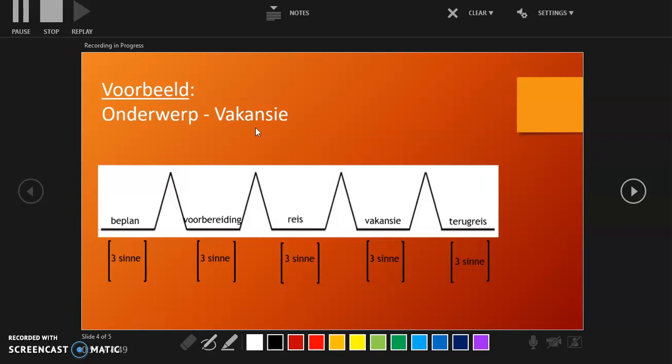Now, I'm just going to show you my example. Okay, this is not a right or a wrong. It depends on what you think about holiday, vakansie. So you will see here is our bridge map again with the 1, 2, 3, 4 bridges. All right. And then I have written down my ideas on this topic. All right.